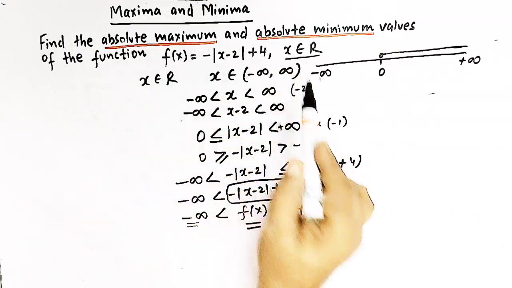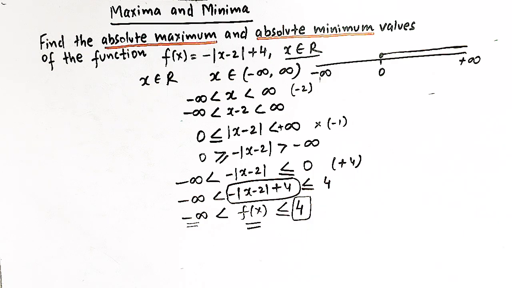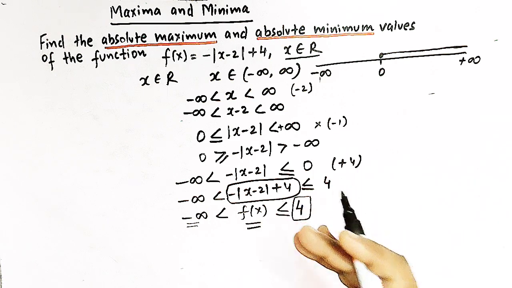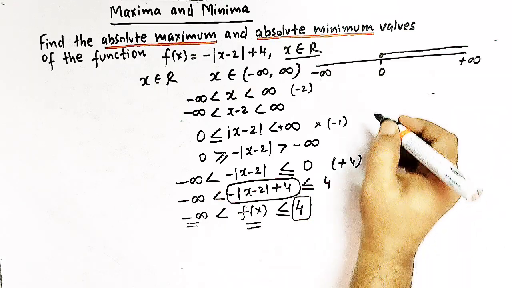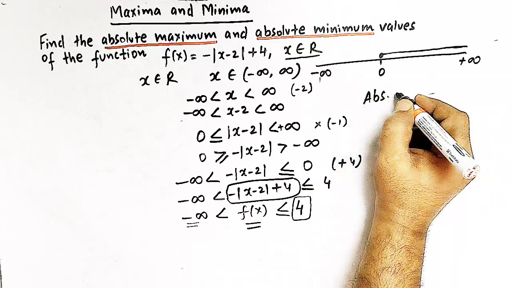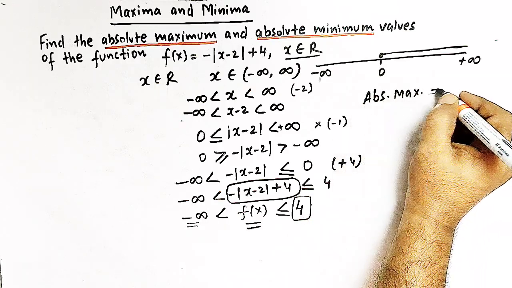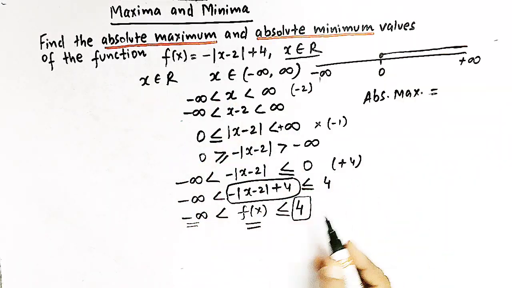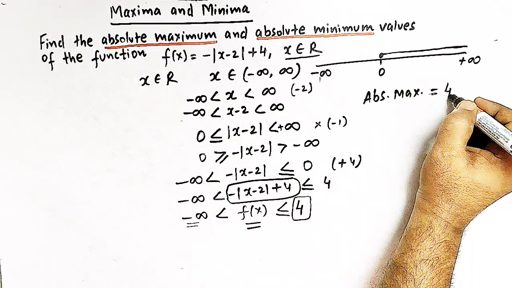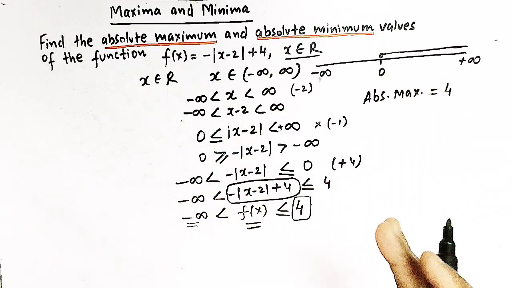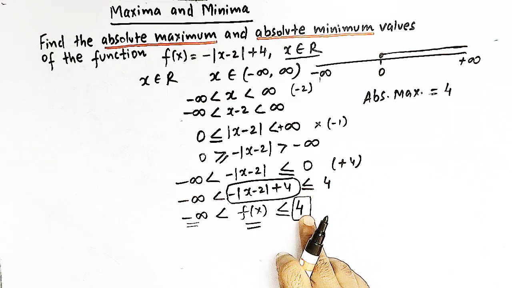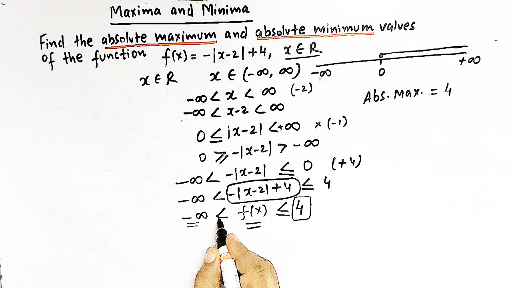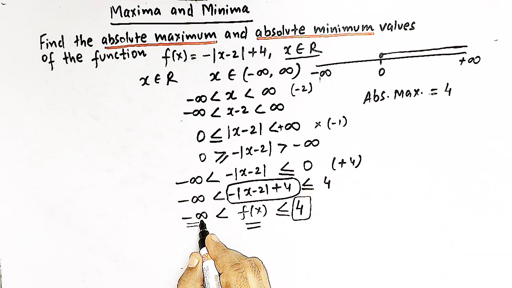So from this inequality, we can easily conclude that the absolute maximum value of this function when x belongs to R is given by 4, because f of x cannot go above 4, right? So the absolute maximum or the global maximum of this function is equal to 4, because f of x cannot go above 4 for any x belonging to R, and here f of x is greater than negative infinity.